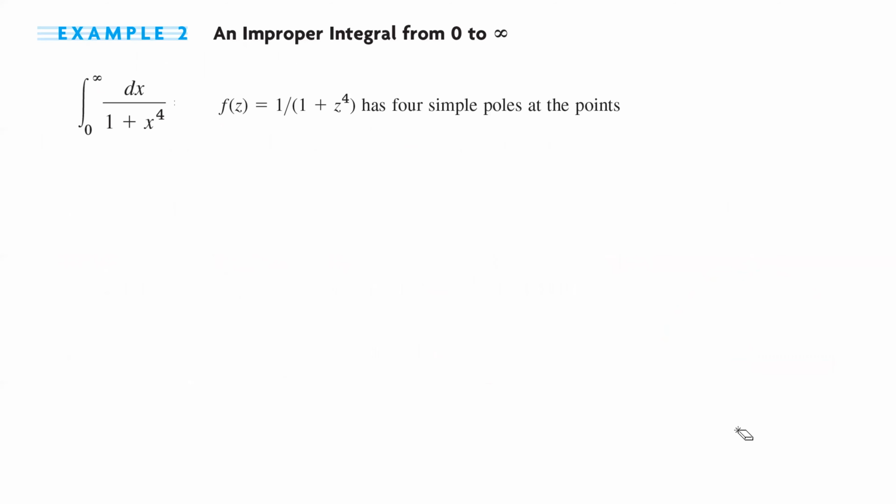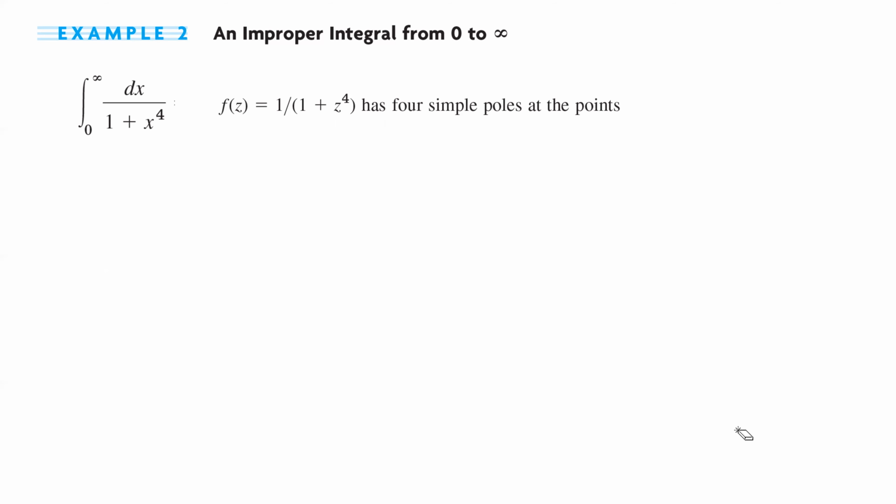This is an example. So what is the integral from 0 to infinity of x dx over 1 plus x to the 4th? This is an integral that cannot be done in real calculus. Okay. And the degree of the denominator is 4. The degree of the numerator is 1. So it satisfies the condition.